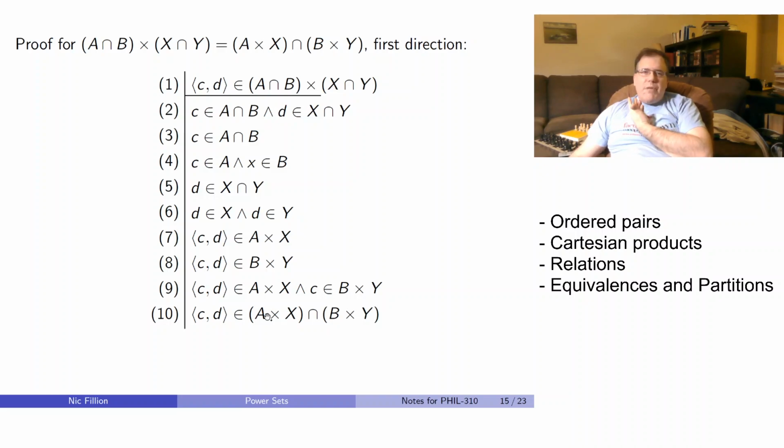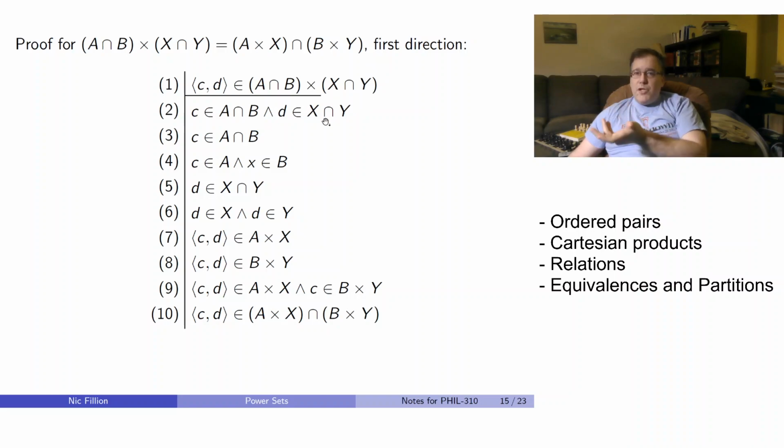Then you can work backward or forward. I mean, both are fairly easy. So I suggest we just work forward because that one is really, really easy. Since this pair is in this Cartesian product, the membership condition tells us that C is in the left-hand side of the Cartesian product, A intersection B, and D is in the right-hand side of the Cartesian product, which is just X intersection Y. So do a conjunction elimination that gives you C is in A and B, which by membership condition of intersection tells you C is in A and C is in B. Do that again for the second conjunct.